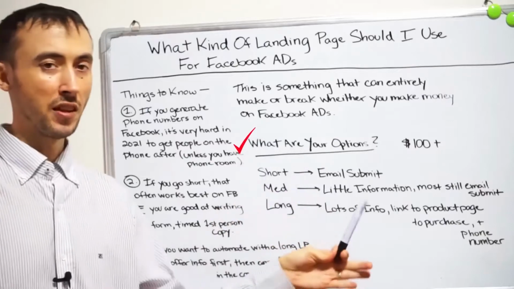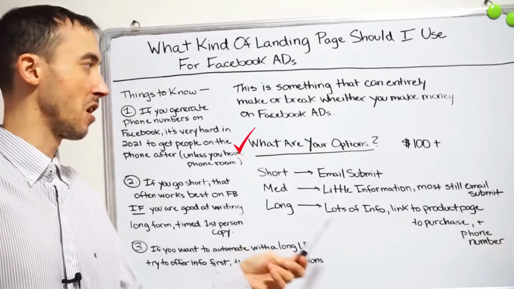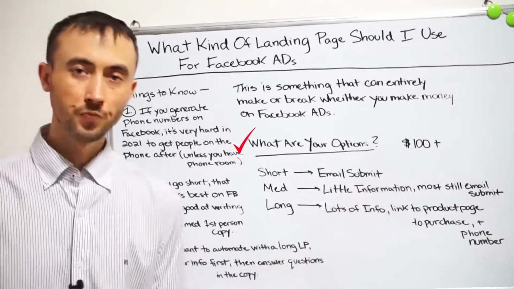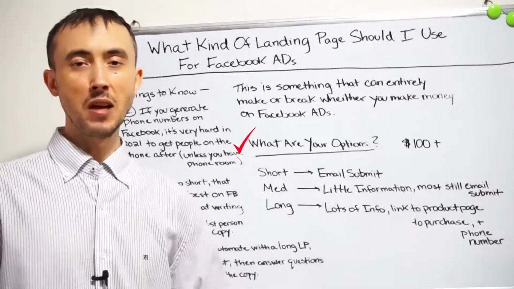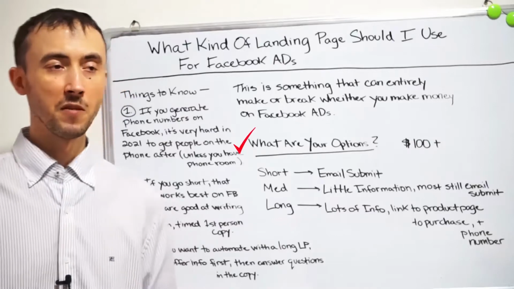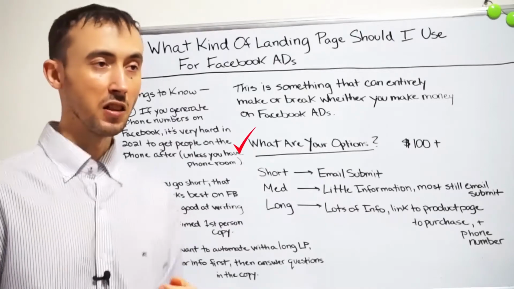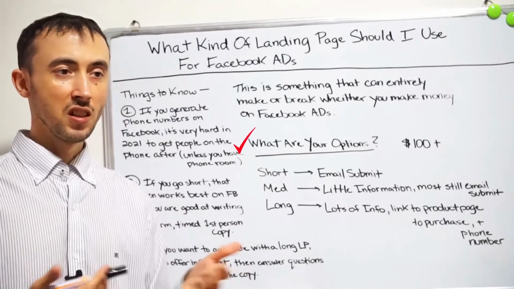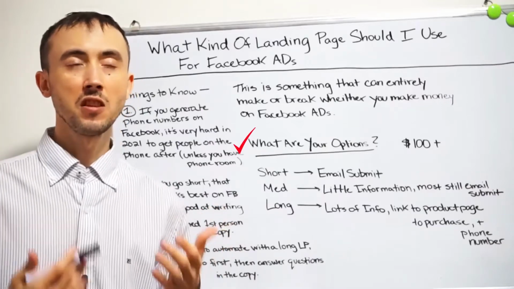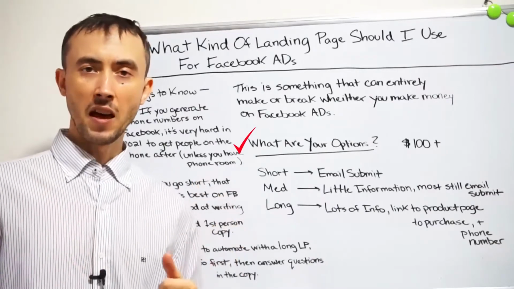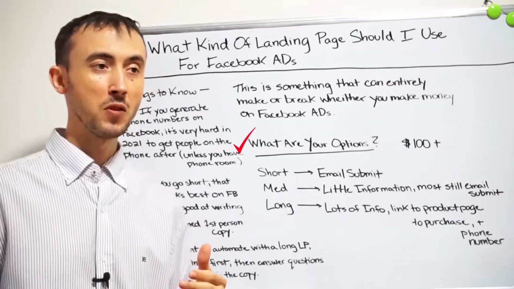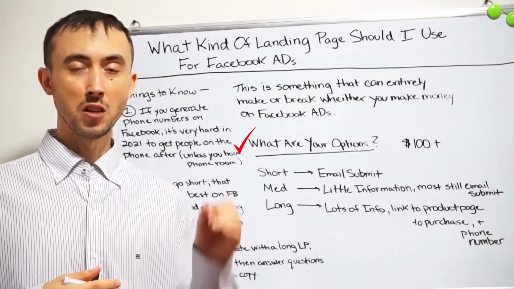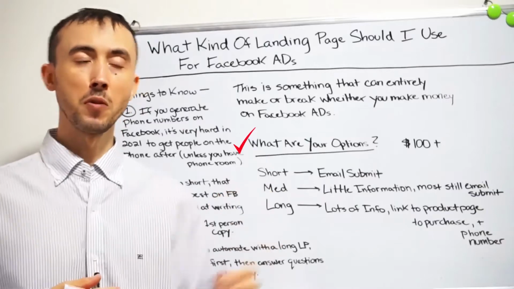So what are your options with the landing page? Well, I touched on it just a minute ago. First off, I'll say though, if you're selling something for less than $100, you could pretty much get away with just going straight for the sale, okay? Particularly a product here, because there's only so much. Here's the thing: the less you spend, the less risk there is of losing your money, because people protect it when they're going to spend more, and think more about their purchase.